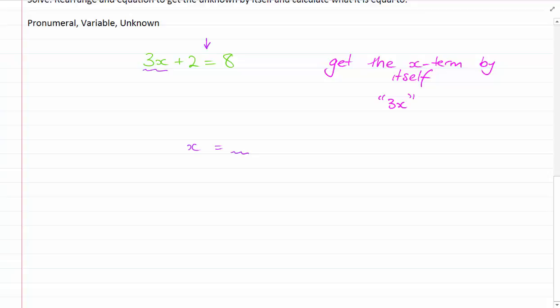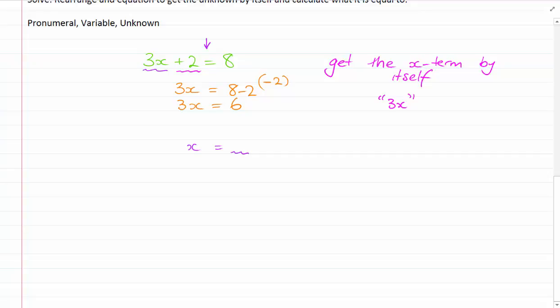So I'm going to remove the 2. This 2 is my issue. So to remove the 2, I'm going to subtract 2 from both sides. And I come out with 3x is equal to 8 minus 2. So 3x is equal to 6.